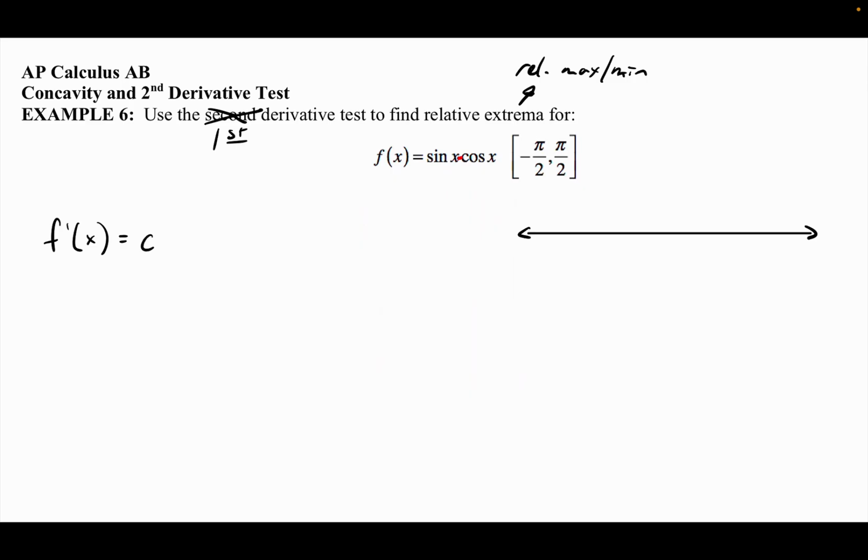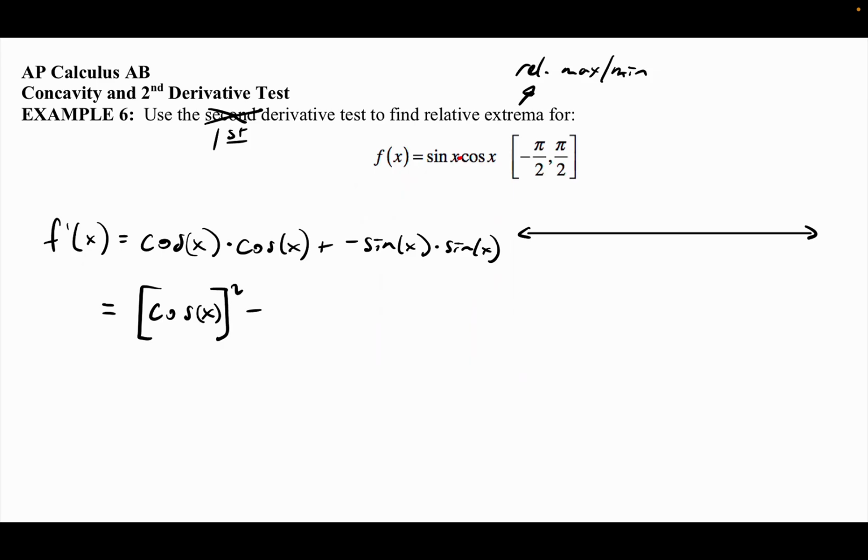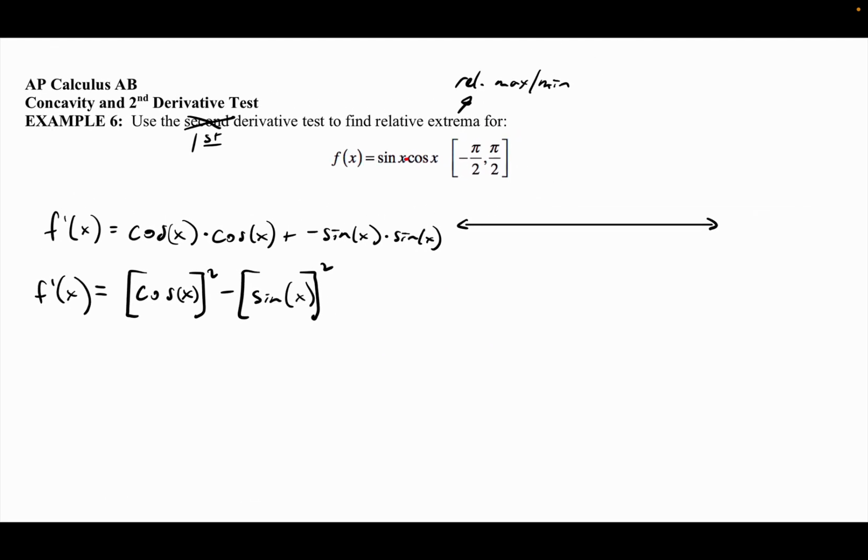It's going to be cosine times cosine, plus the derivative of the second, which is negative sine, times sine. So essentially it's cosine of x squared minus sine of x squared. Set that equal to 0.